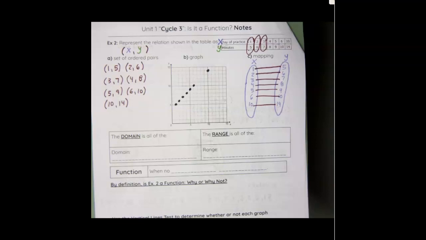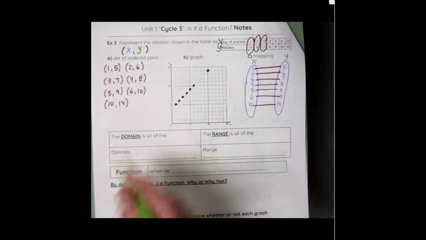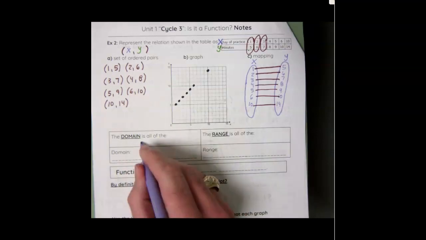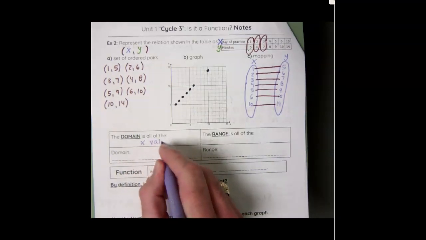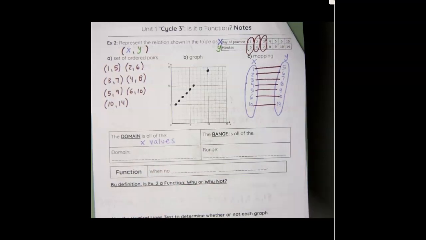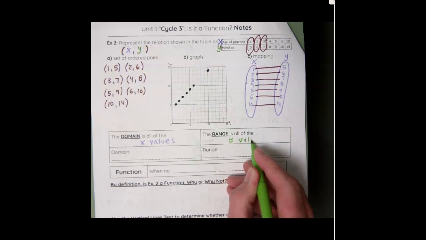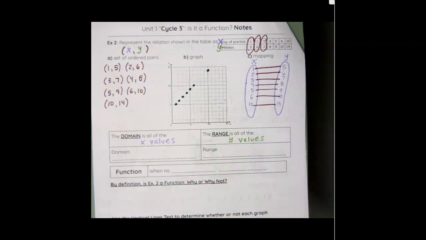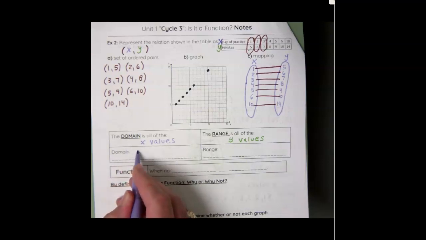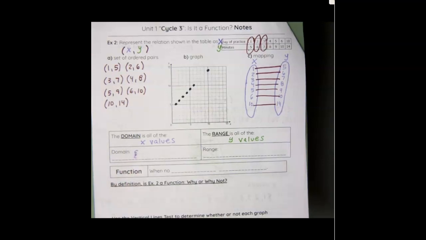The domain, as a review, is all of the x values. The range is all of the y values. So our domain, given our three rules, our rule number 1 is we have to have curly brackets.